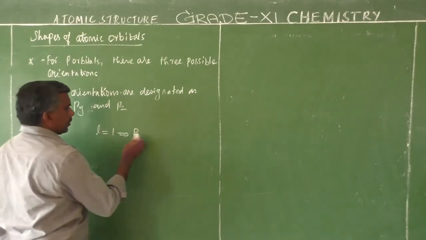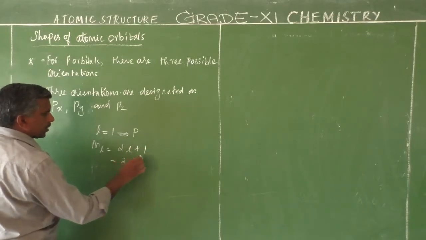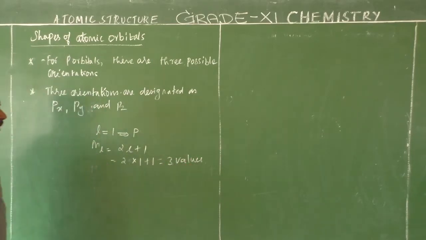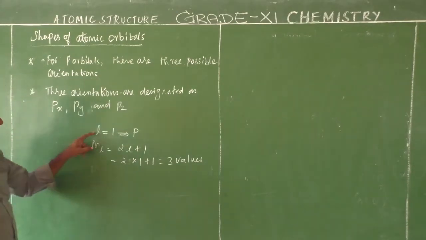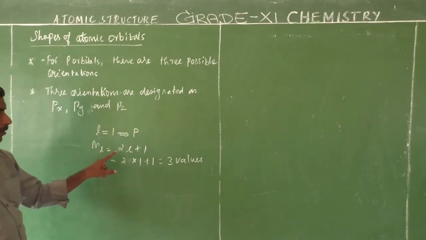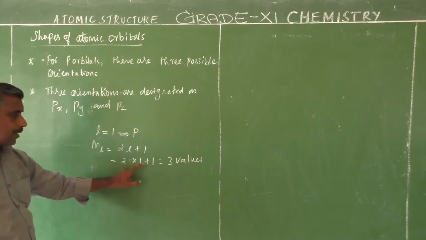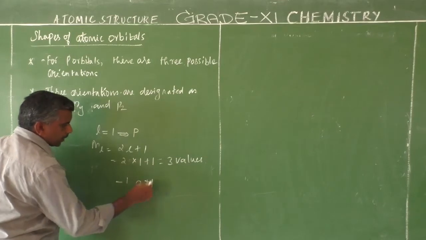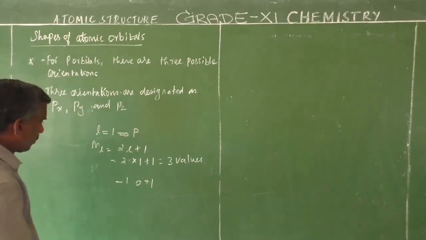For the p orbital, the magnetic quantum number ml has 2l plus 1 values, that is 2 into 1 plus 1, which is 3 values. These 3 values are minus 1, 0, plus 1.